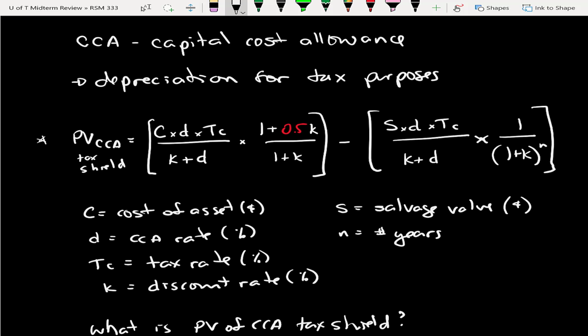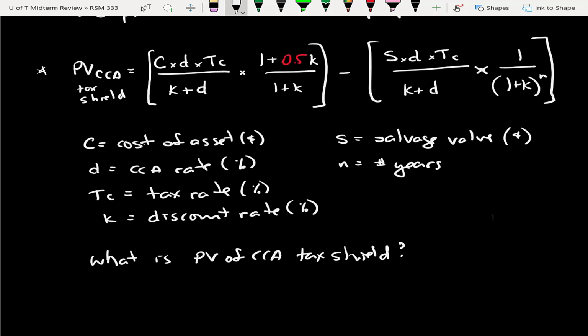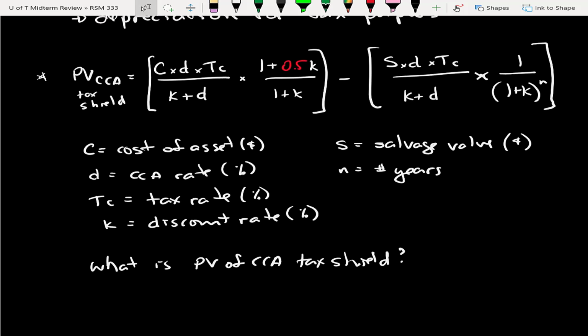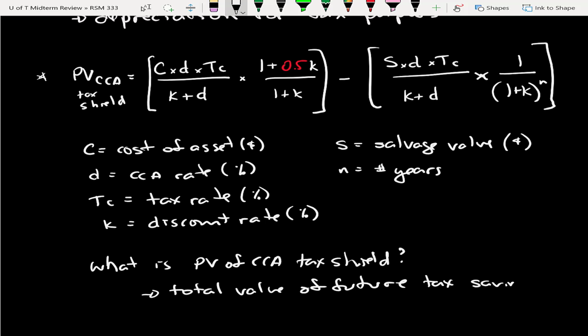So what is this formula telling us? It is telling us the total value of all of the tax savings you'll get by owning this asset, converted into today's dollars. So the total value of future CCA, future tax savings from owning the asset.